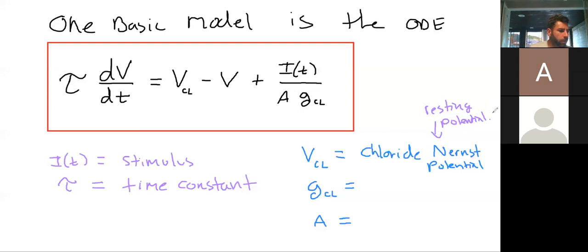All right, so what about this G sub CL? What might that represent? Well, remember, if you take a physics class, what does the letter G represent? Gravity. Well, it does. Okay, what other?